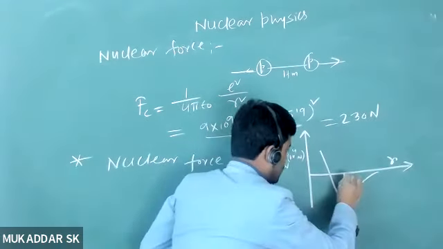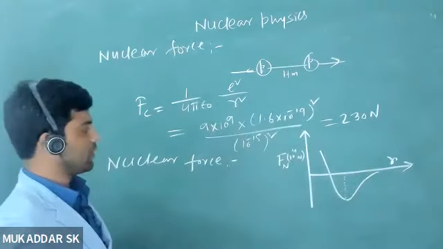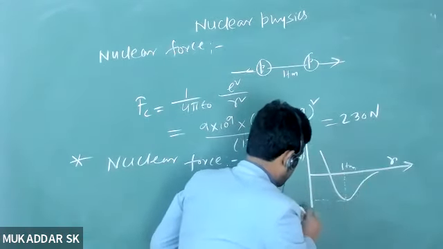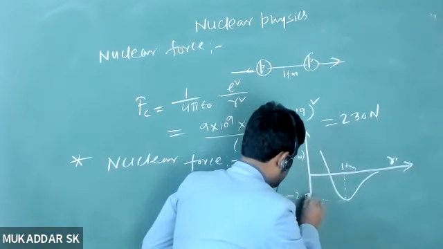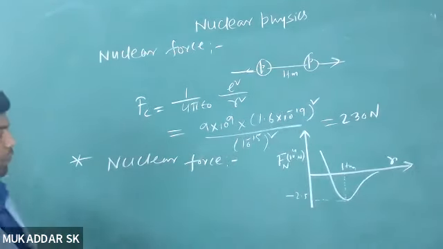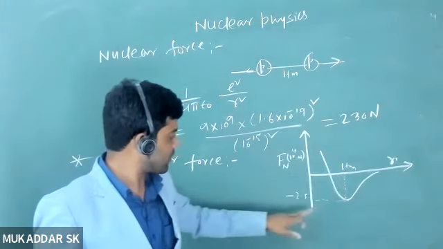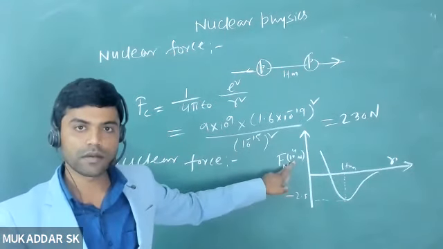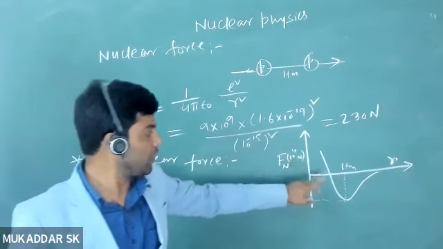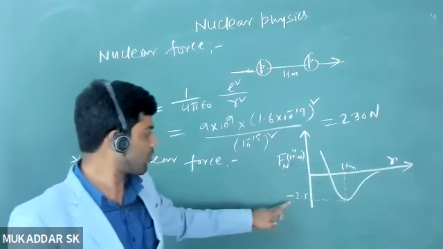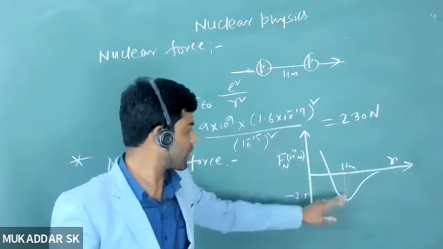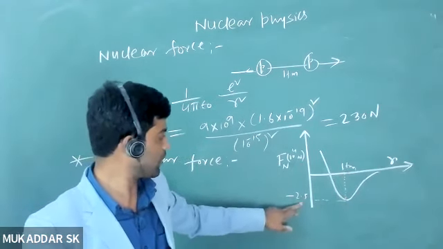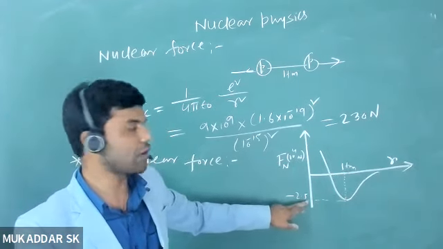Around 1 femtometer, when the separation between two nucleons is around 1 femtometer, there's an attractive force that is minus 2.5 into 10 to the power 4 Newton. So around 1 femtometer, there's a negative force, of order 10 to the power 4. So a huge amount of attractive nuclear force is acting, and that is 25,000 Newton.